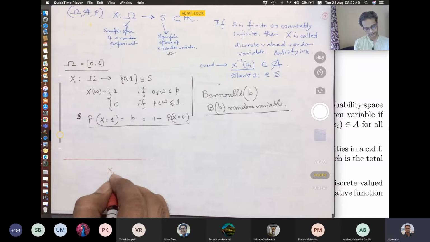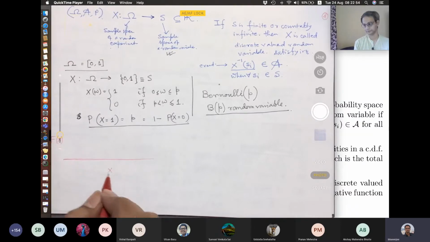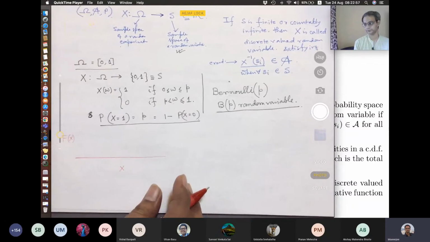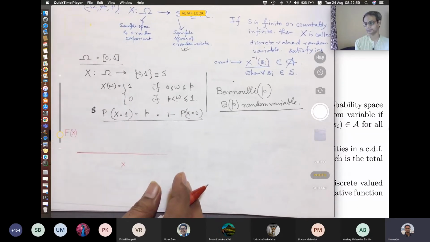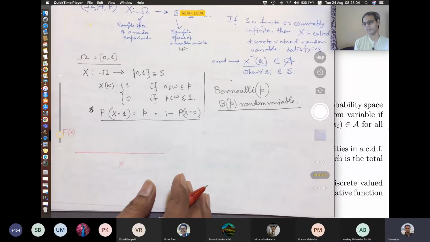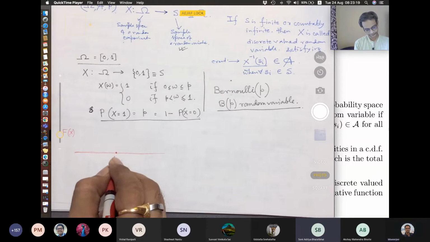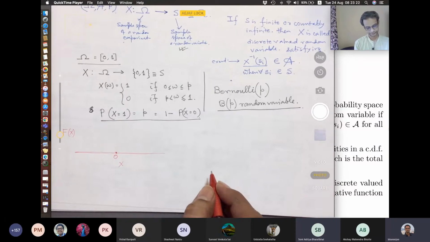So in this direction x, in this direction F x. So where will be the jump? At p? Say again, please. At 0. Where will be the 0? And at p it will again fall back to 0.